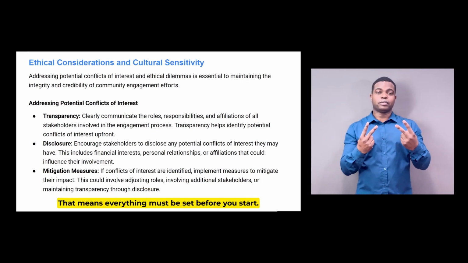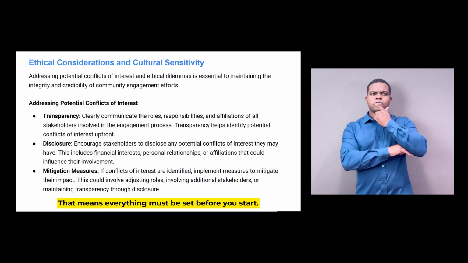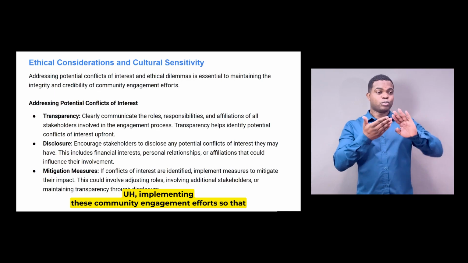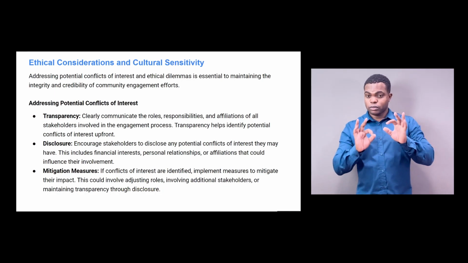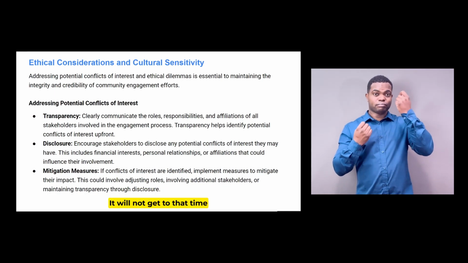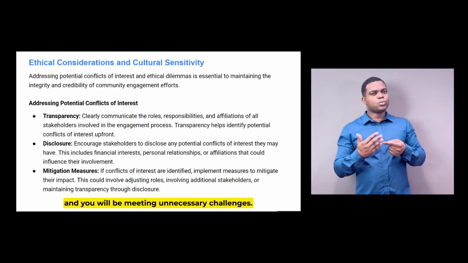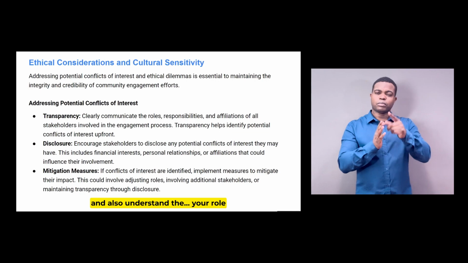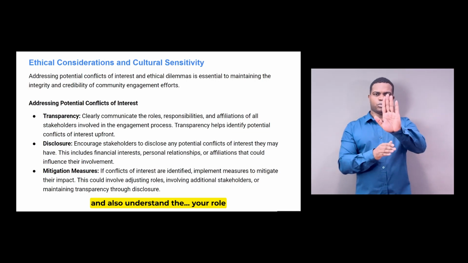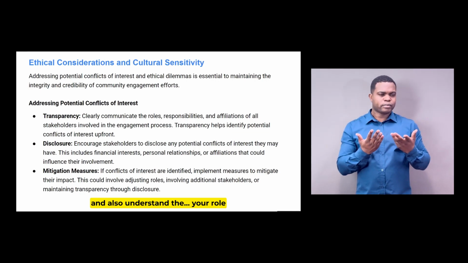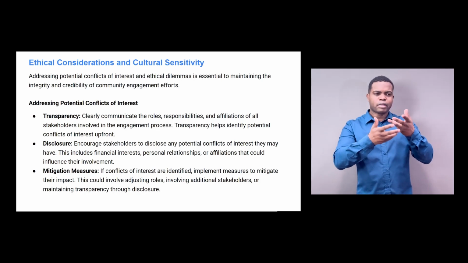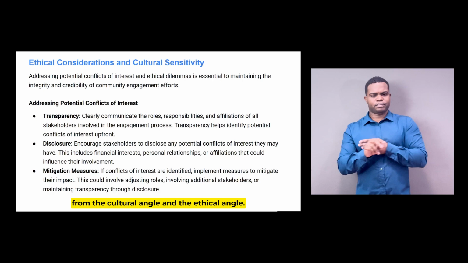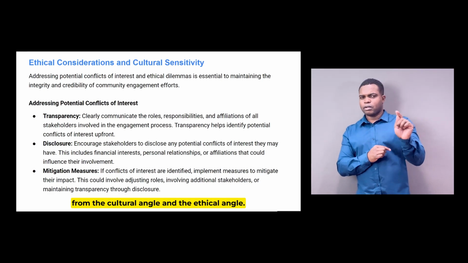That means everything must be set before you start implementing this community engagement effort, so that you will not get to that time and meet unnecessary challenges. So you need to address everything and also understand your role from the cultural angle and the ethical angle.